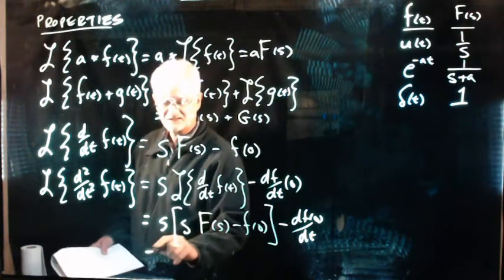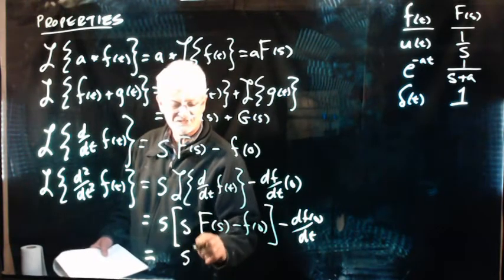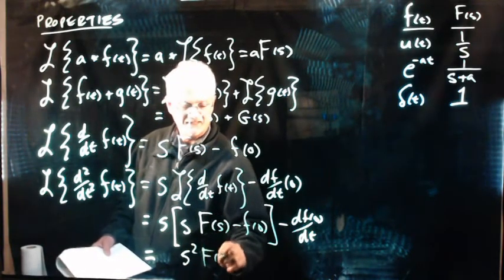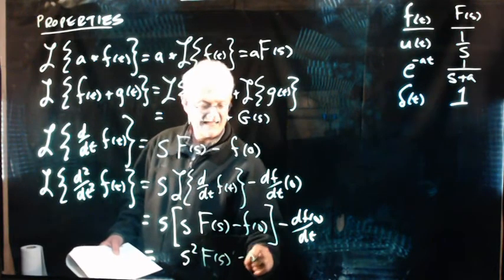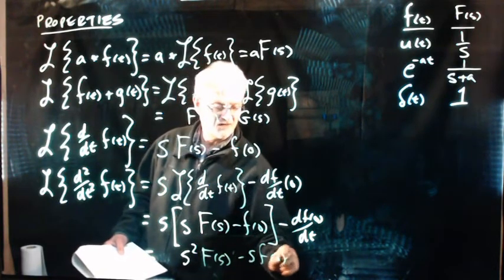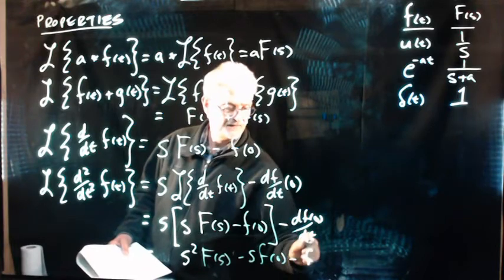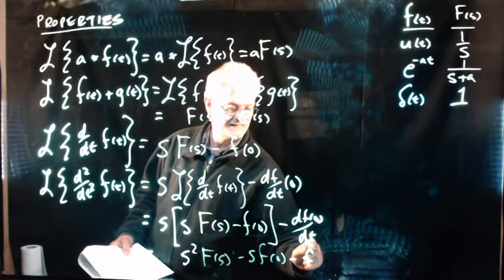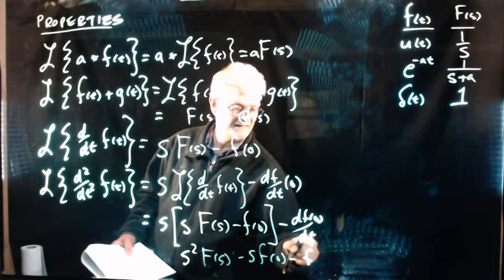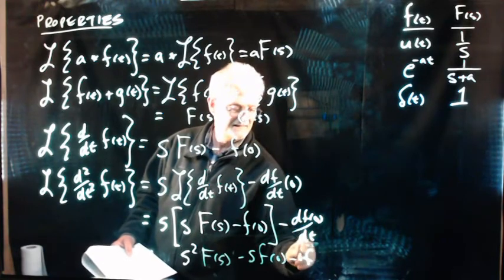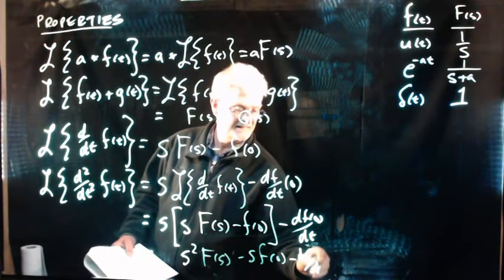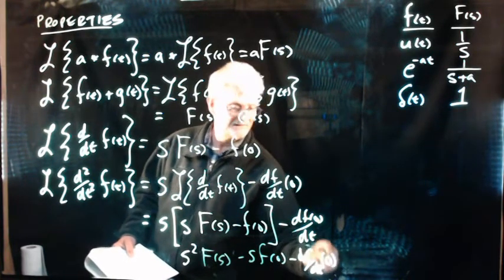And so another way that we can finish that up, this is just s squared F of s minus s f of 0 minus df dt at time 0. Okay?